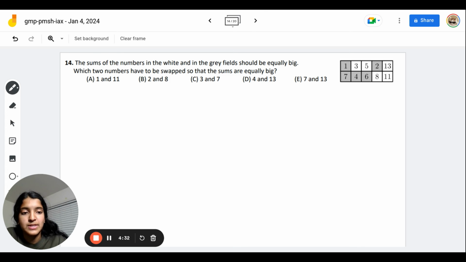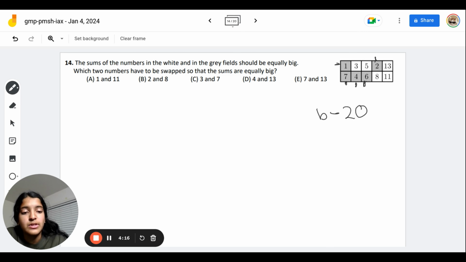So 2 plus 6, 6 plus 4 is 10. 10 plus 7, 17. 18, 19, 20. So all the black squares have 20.